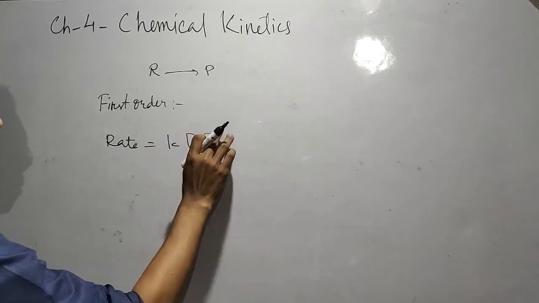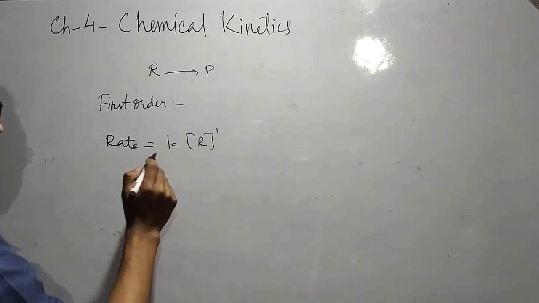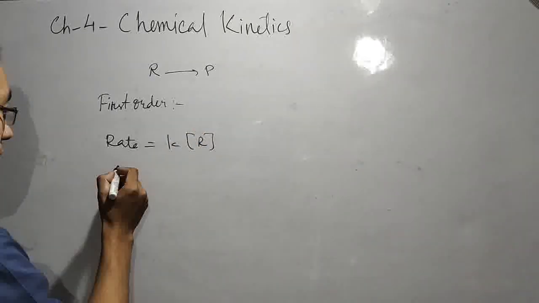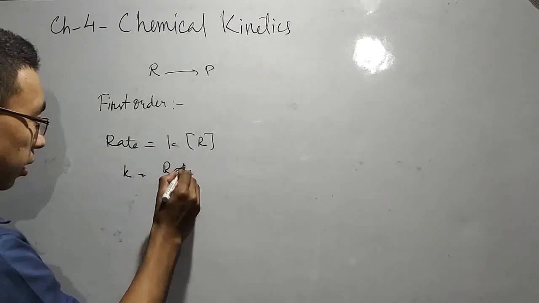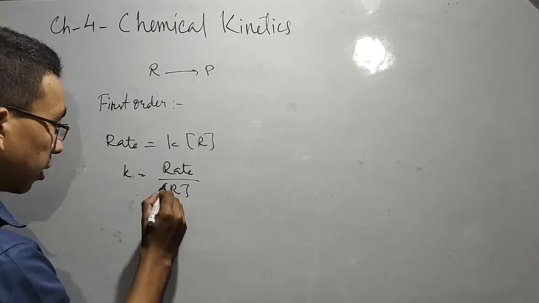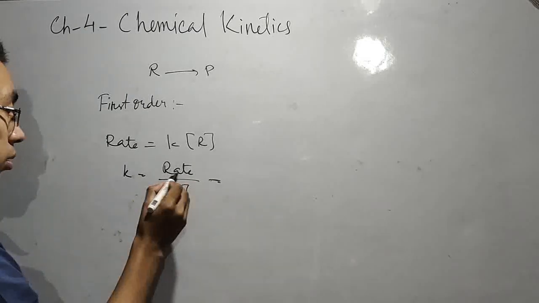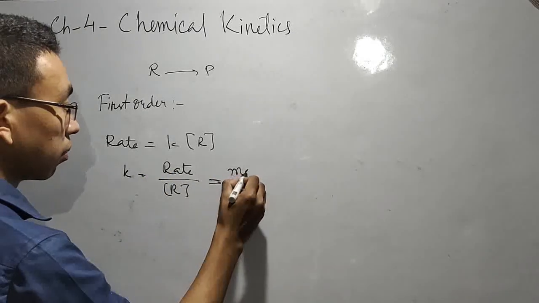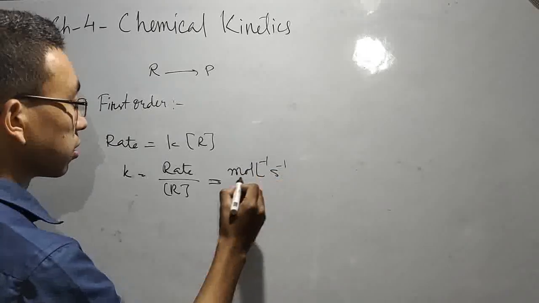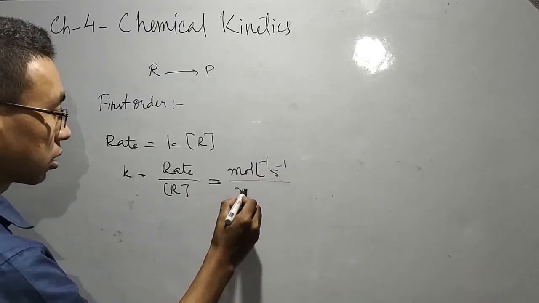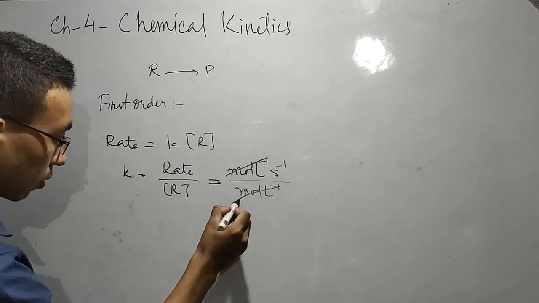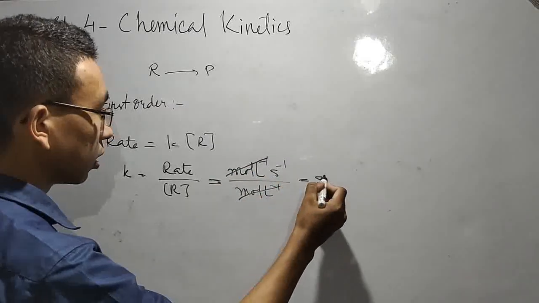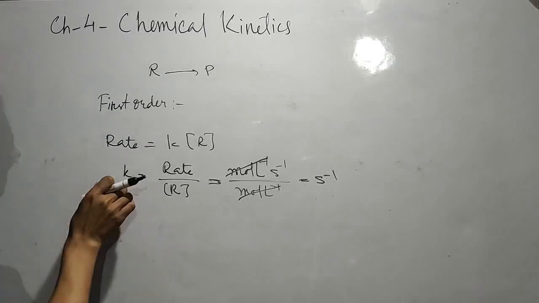If it is only of one order, the power will be 1, so you don't have to write it. K is equal to rate divided by [R], isn't it? We already got the unit for rate, that is mole liter inverse second inverse, and the concentration is mole liter inverse. So mole liter inverse cancels, and the unit is second inverse. That is for first order.